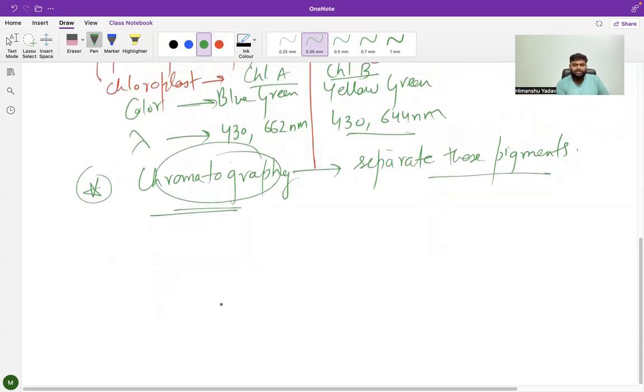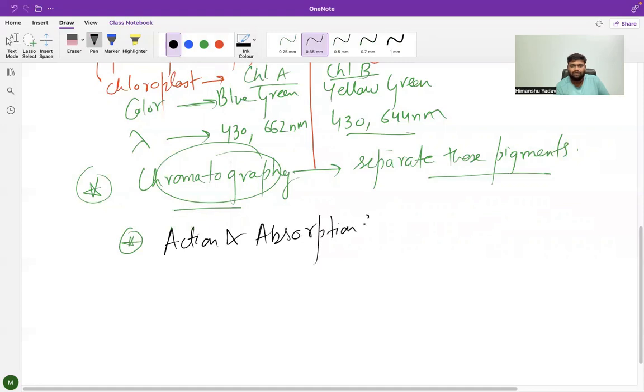Now there are a few terms such as action spectra and absorption spectra.